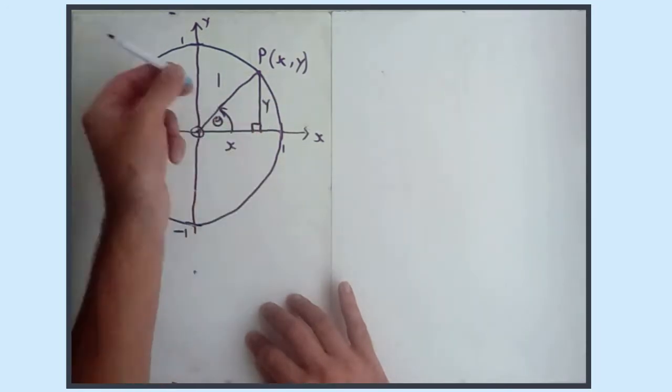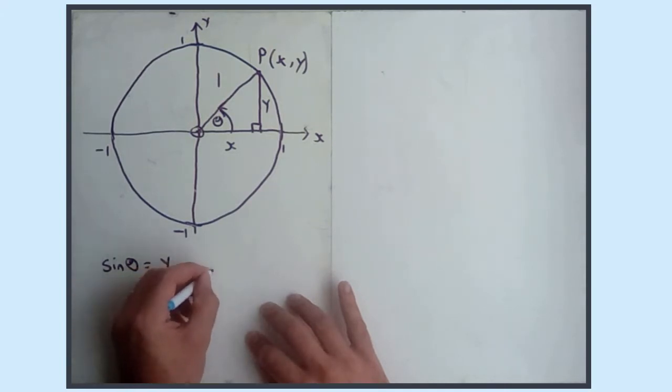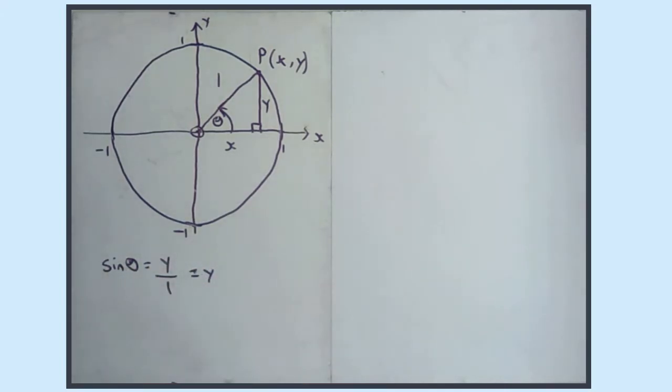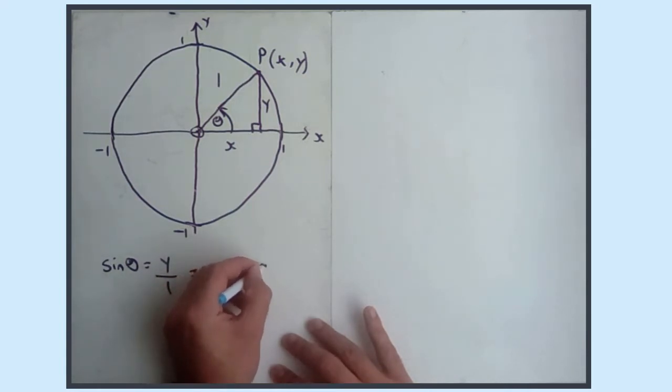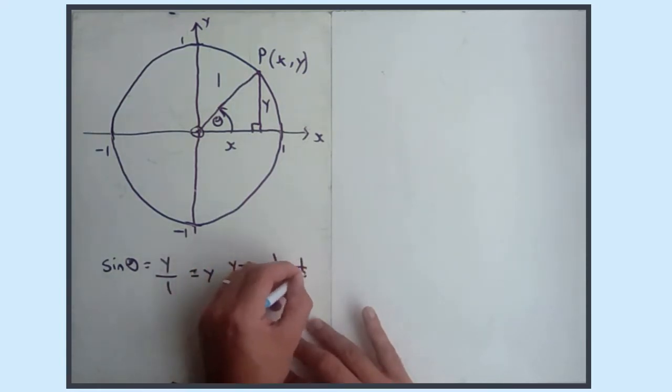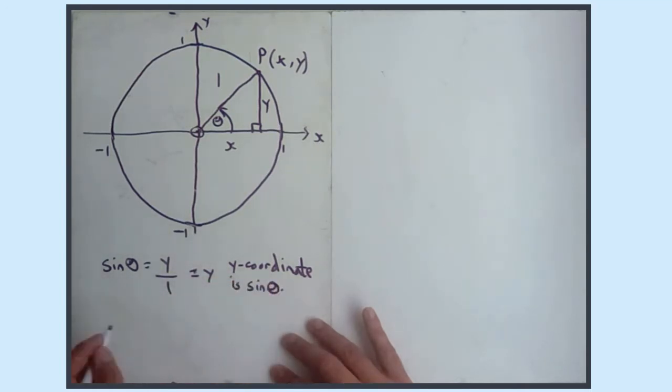Opposite is y, hypotenuse is 1, which just equals y. So what that means is sine theta is always the y coordinate. So the y coordinate is sine theta, and this always works.